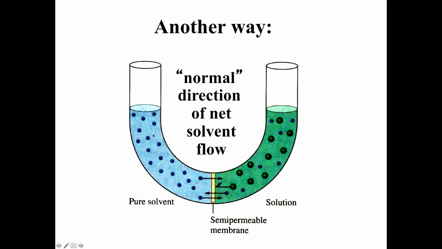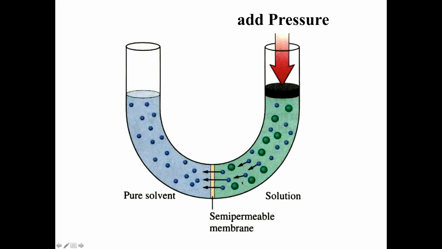So normally, as we've seen before, we have a pure solvent on the left side of this U-tube, a semi-permeable membrane, and on the right side a solution, and let's say that it's salt water. In order to extract pure water from it, note that normally the solvent, the water molecules, would tend to flow this way, and it would make this side of the U-tube go up higher in the tube.